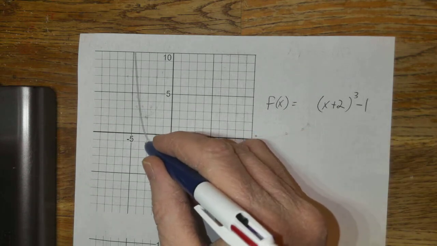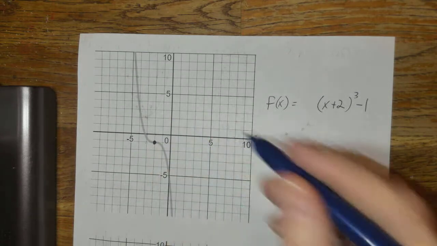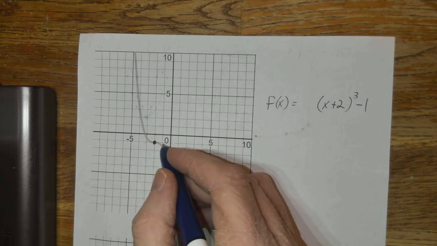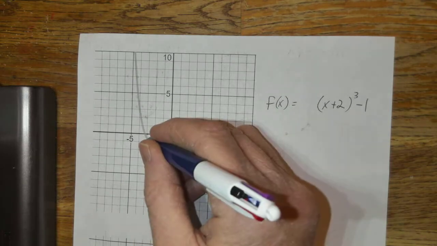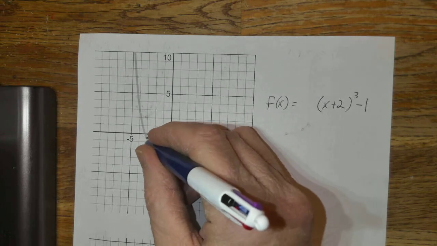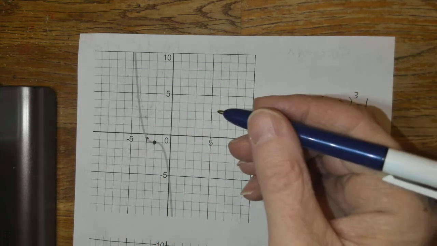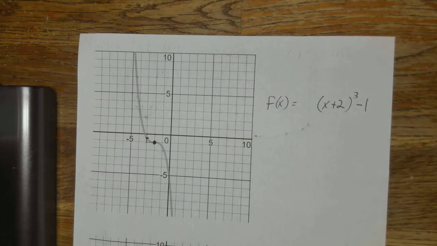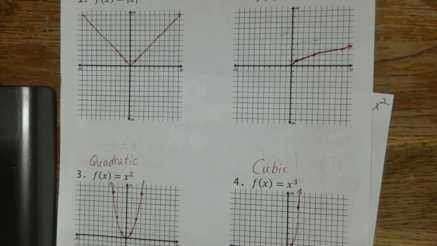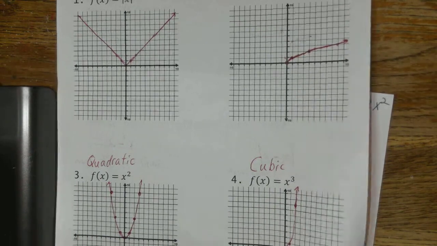This looks like 1. Remember, the first time we did it, we went over 1 and up 1, over 1 and down 1. Looks like we're going about half that. When we go over 1, we're going like half a unit. And the way we could tell, let's look at our parent function. The 2 was 8, right?